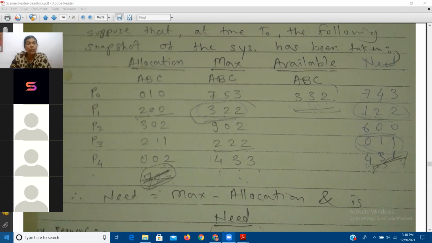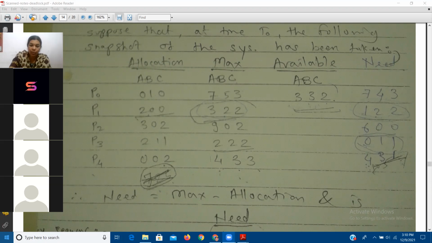Process P4 goes for completion and releases 4, 3, 3. And the released ones we are again going to add to the available ones. So 4, 3, 3 will be added and now the work will become 7, 4, 5 again.